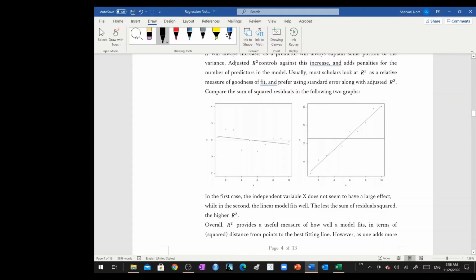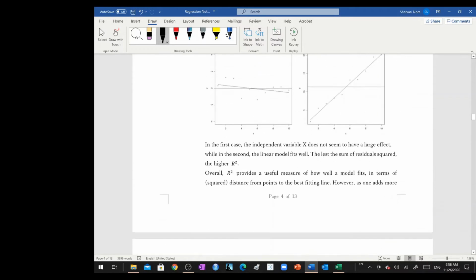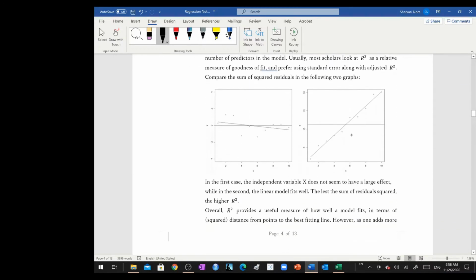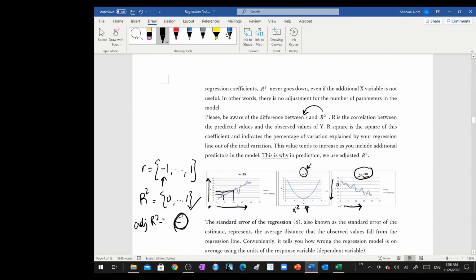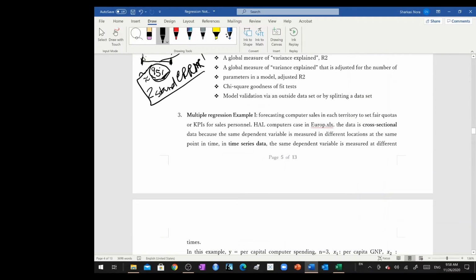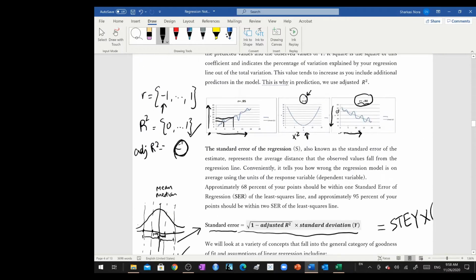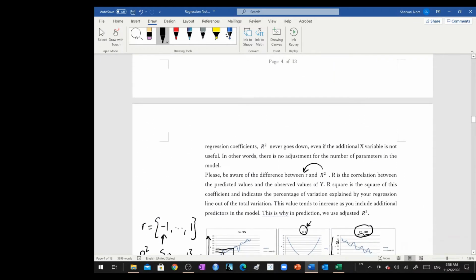So I hope by now you understood the difference between R-squared and adjusted R-squared. Here I have, for my students, some explanations on R-squared and its differences.